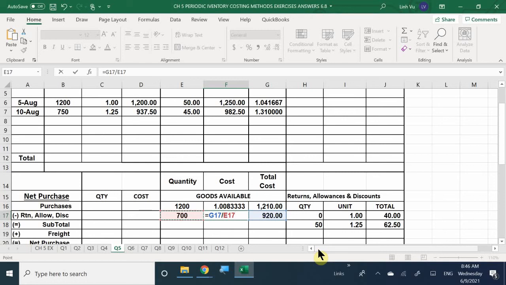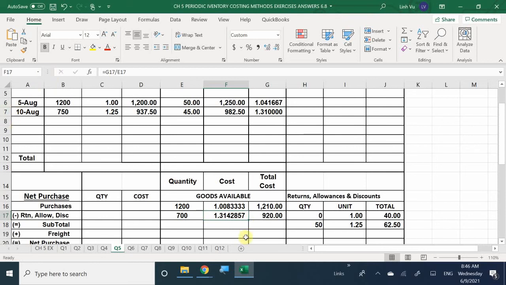So I'm going to take my 920 and divide it by 700. And what do I get? 1.31. Is that what you got? 1.31? Yeah. Perfect.